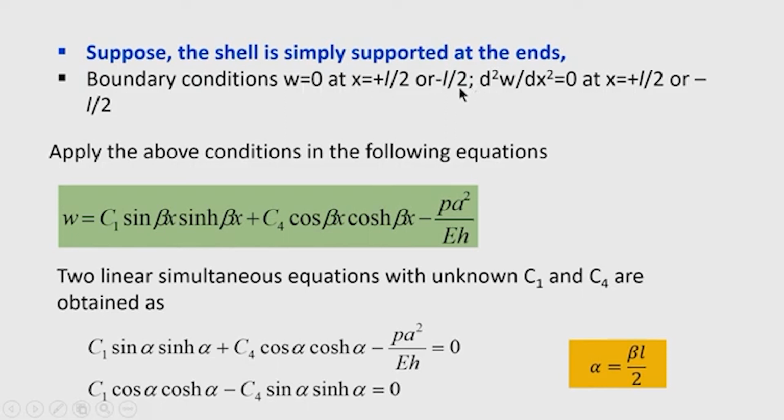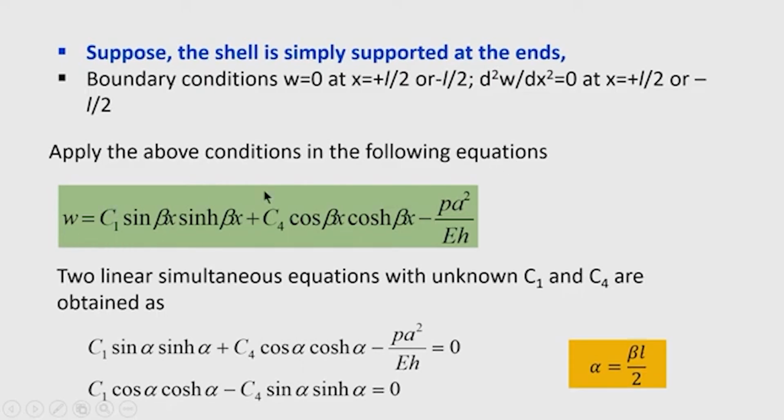Minus L by 2 locates the support at the left hand and plus L by 2 locates the support at the right hand. W is 0 as well as the bending moment is 0, because it is a simply supported condition. So, we apply the above conditions in the following equation.